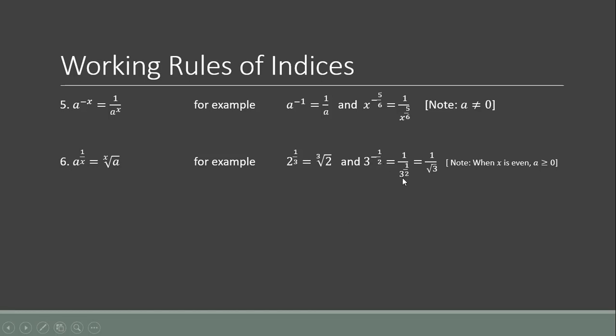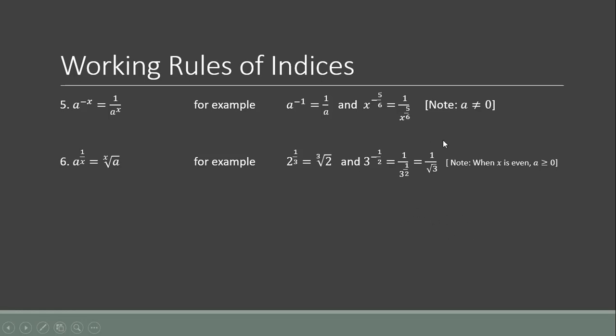Therefore 1 by 3 to the power half, and it will be 1 by root 3, square root, because whenever we get 1 by x, then xth root will be applicable. So here 1 by 2, so square root is applicable here. Here 1 by 3, so we will write third root, that is cube root of 2.